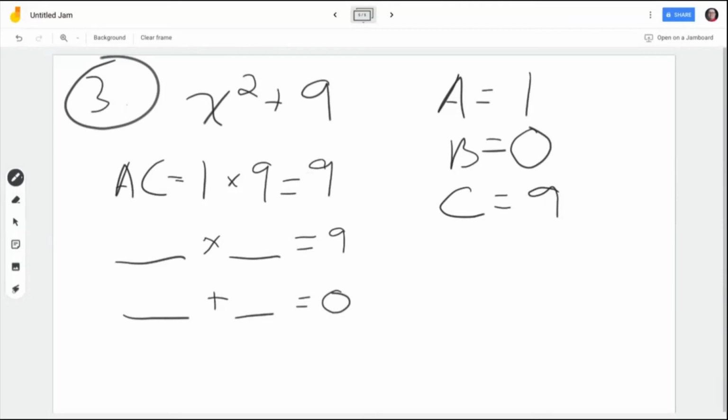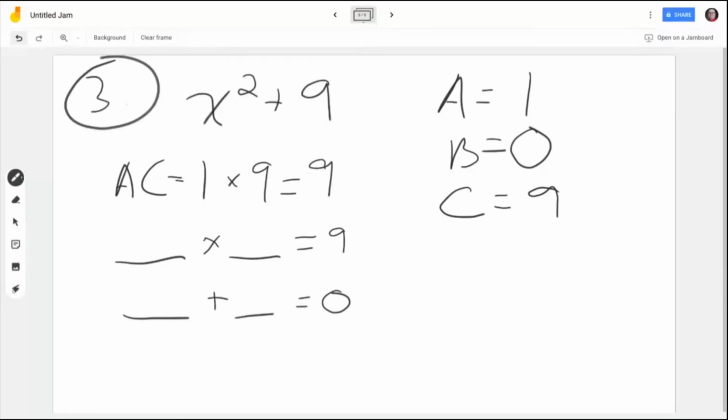For 9, we can only do 9 and 1. That's not going to add to 0. No way. 3 and 3? That's not going to add to 0 either. Okay, well, what if one's negative? But the problem is that won't give me a positive 9. That will give me a negative 9. So no. In this case, this is one of the ones that you cannot factor using the AC method.